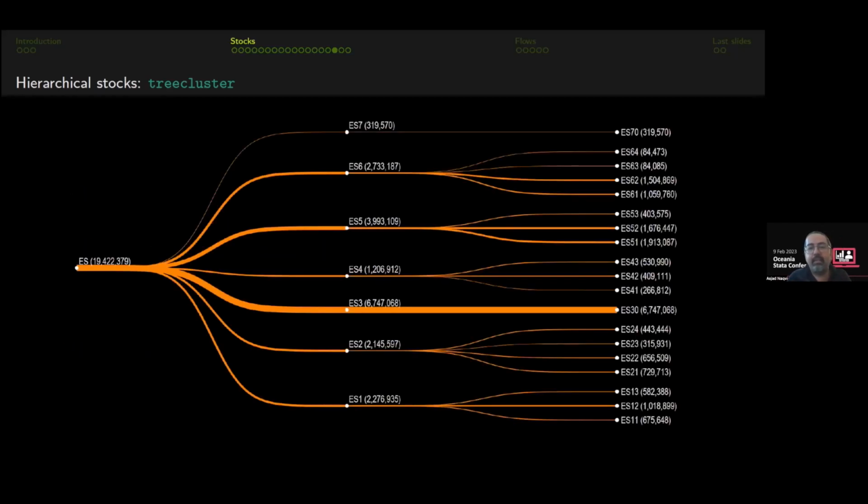It's essentially saying that you have a starting branch, which is the whole country, with a population of 19.4 million. And then the line thicknesses represent how large these subdivisions are, so everything is weighted relative to the highest value. Here we are playing more with the widths of these lines to show relative differences.